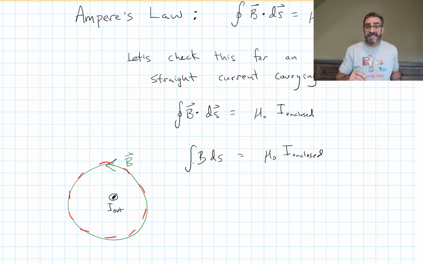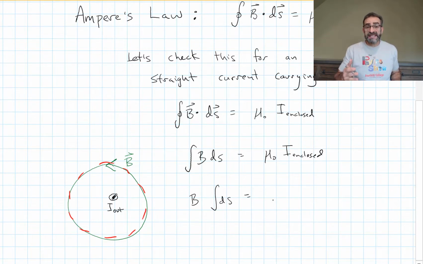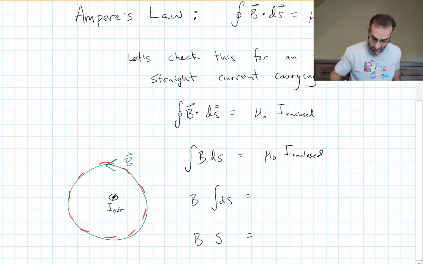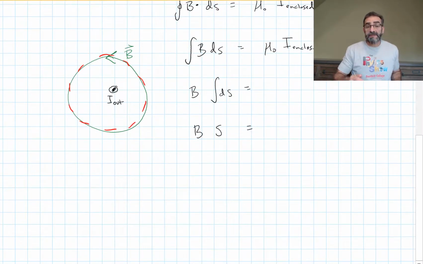B is constant along that circular path around that wire. It comes out of the integral. And the integral of ds is just s, the arc length or the path length around this circular path. And the path length around a circle is just 2 pi r.